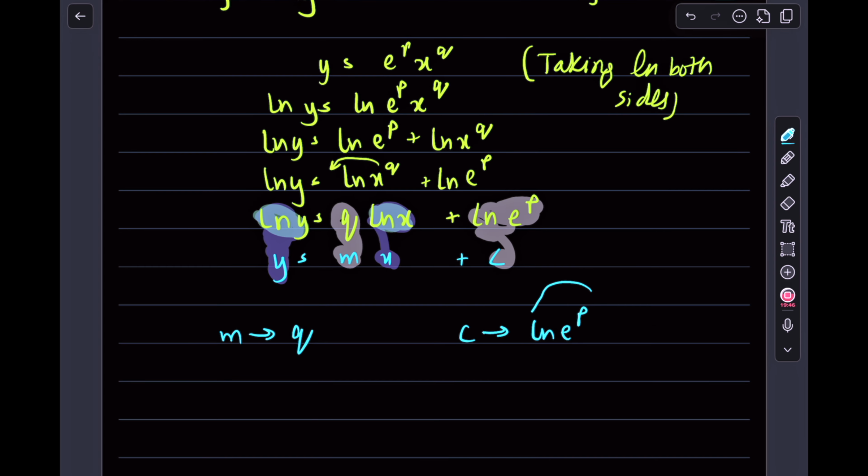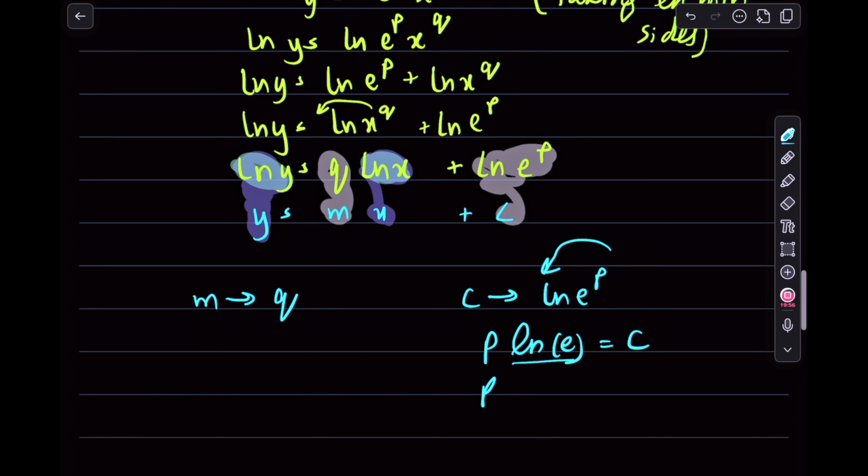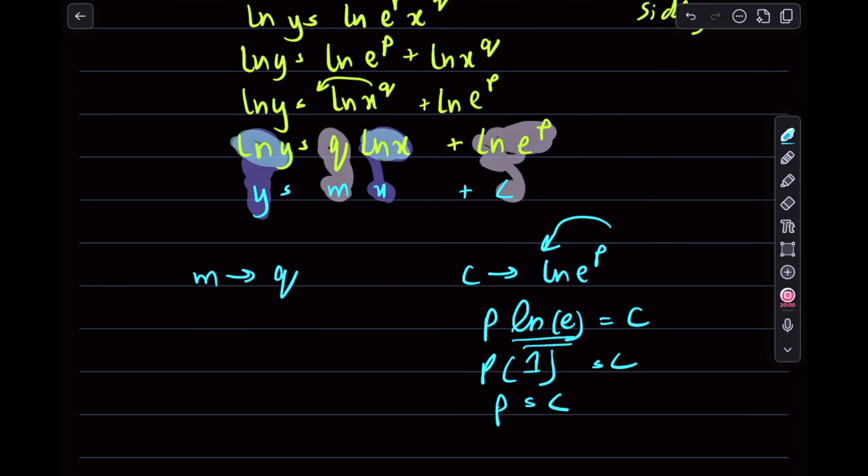If I apply the power rule here, p ln e is equal to the y-intercept, and ln e becomes 1. So basically my p is also equal to c. So my p constant is my y-intercept, and my gradient is my q term.